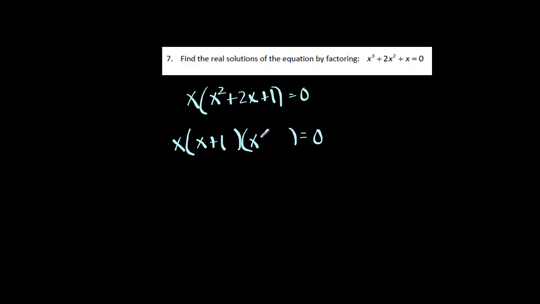It's x plus 1 times x plus 1. So the solutions: this gives me a 0, this gives me negative 1, this gives me negative 1. So my zeros are 0 and negative 1. And this is a double root. It has a multiplicity of 2. And those are my real solutions.